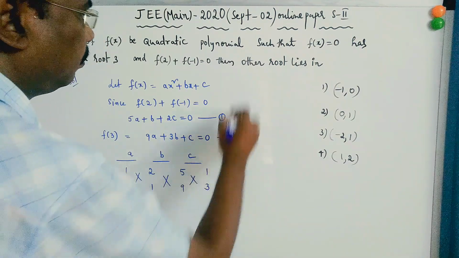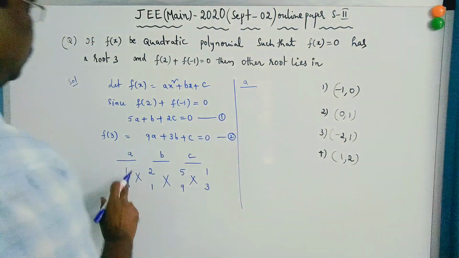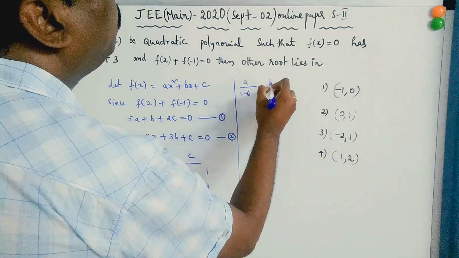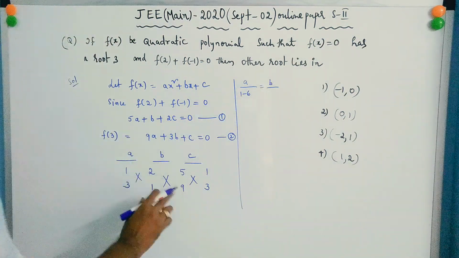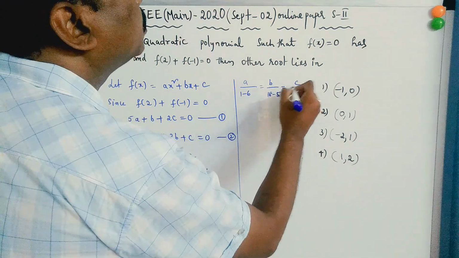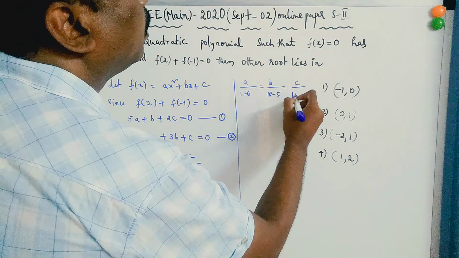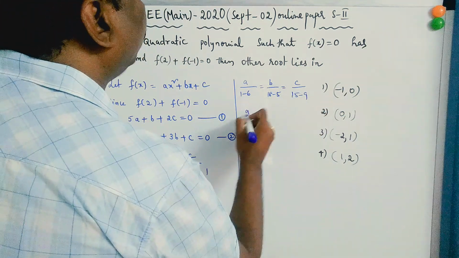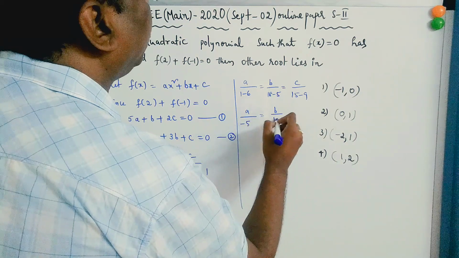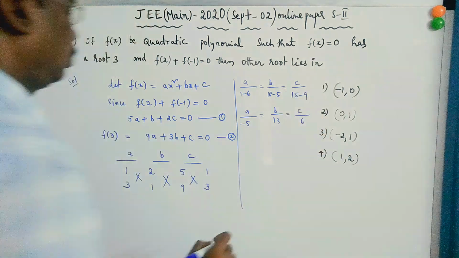Okay, now a by 1 minus 6, b by 18 minus 5, c by 15 minus 9. Okay, now a by minus 5, b by 13, c by 6.